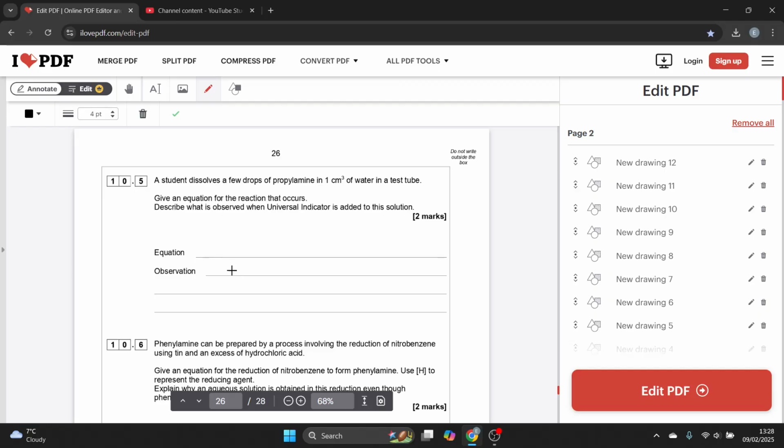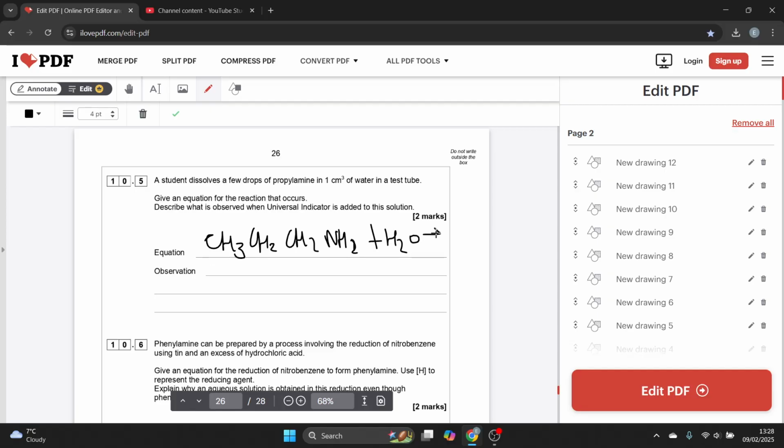Then it says, give the equation for the reaction that occurs when propylamine CH3 CH2 CH2 NH2, your propyl group, then your amine, is added to water.